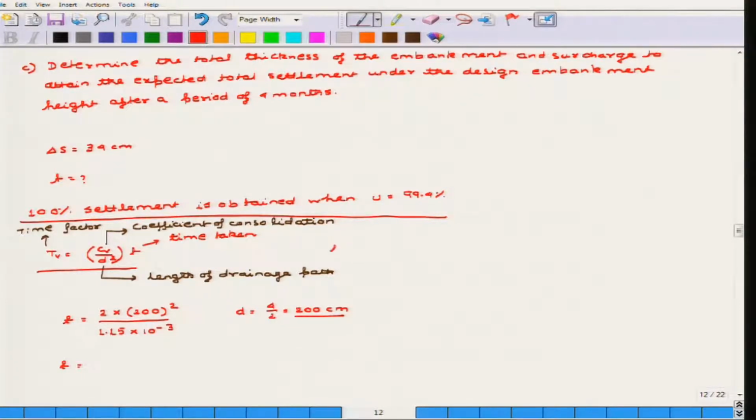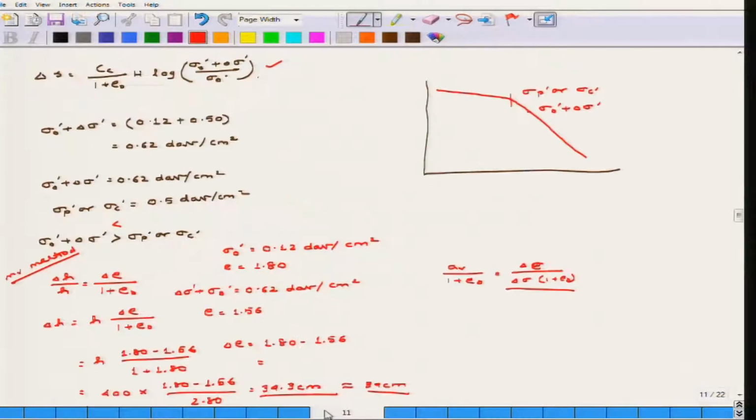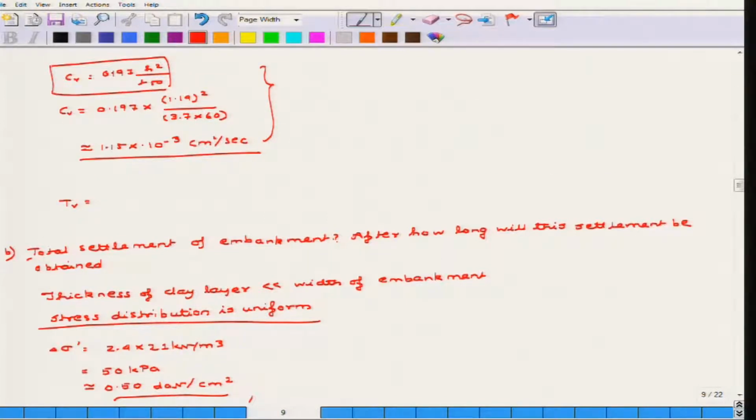So, t we can write as Tv into D square by Cv. Obviously Tv is 2, because for 99.4%, if you find out the time factor, it comes out to be 2. So, 2 into drainage path 200 centimeters, so 200 square by Cv, the coefficient of consolidation, which from our log of time method comes out to be 1.15 into 10 to the power minus 3 centimeter square per second.